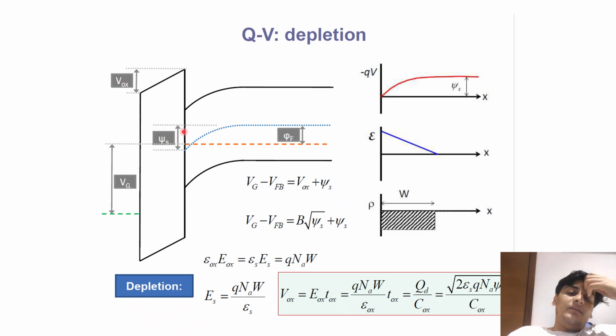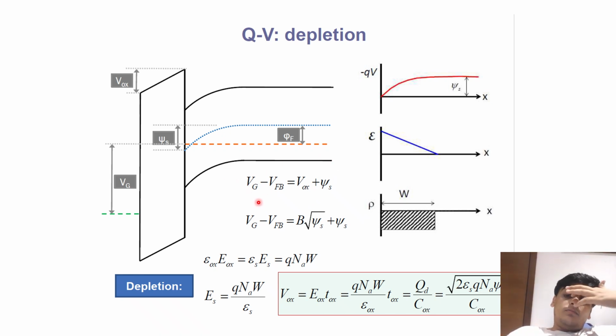So we spoke a little about the voltage across the semiconductor. Now we can write the voltage across the oxide layer also purely in terms of the charge, because if this is the charge in the depletion region, it's also the charge on this surface divided by the capacitance, and based on that we get this formula for the voltage across the oxide layer. So we are able to write the voltage across the oxide layer as well as the semiconductor as well as the flat band voltage and equate all of that to the gate voltage.